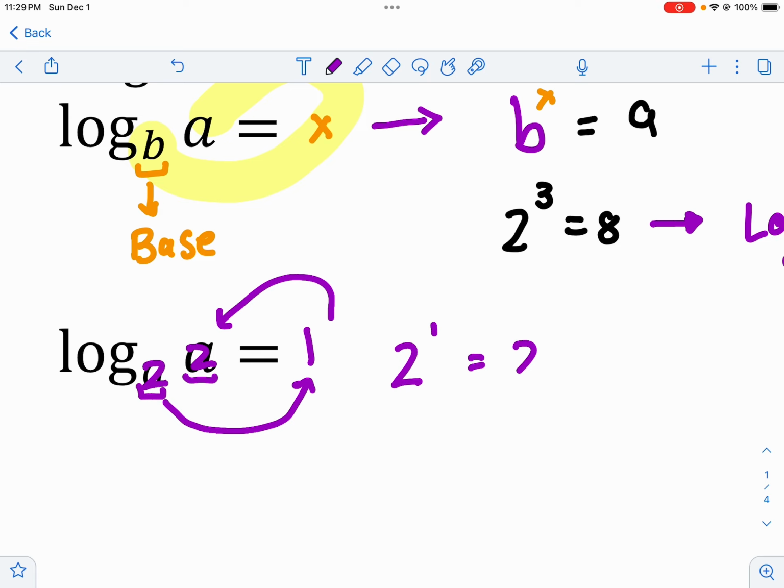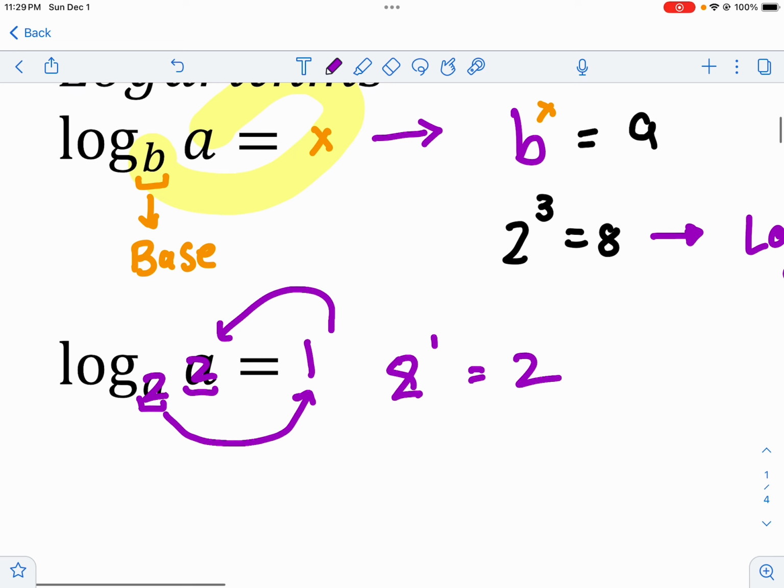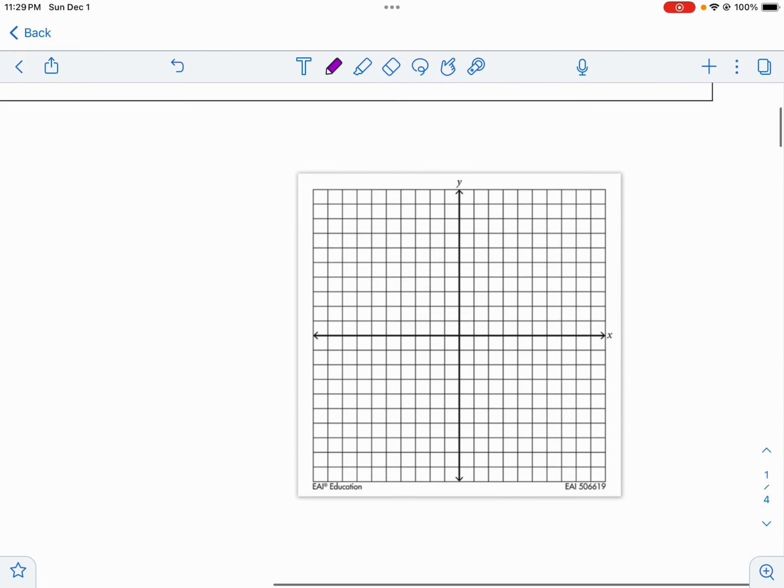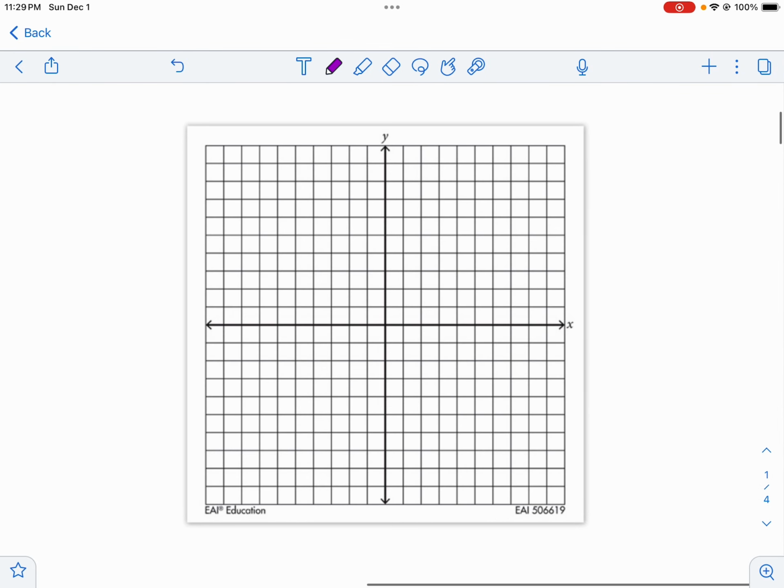And you can put any number in there. You can put 8. 8 to the first power is equal to 8. It's all the same, right? So when the base and that number are the same, it's always equal to 1. So a log graph just goes like that. All right, it starts here and it hits it and it just kind of curves out.